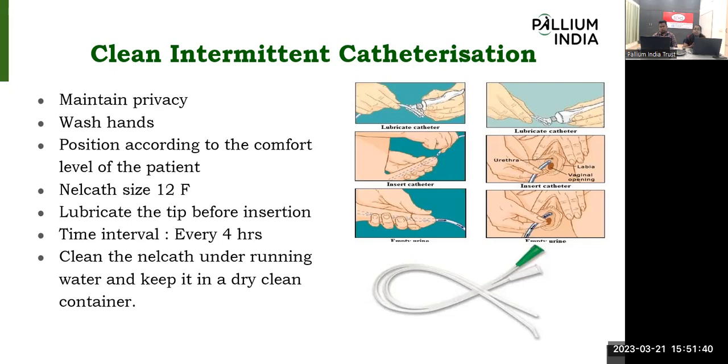You can train them to wash their hands with soap and water. After that, they can take a NELCAT and lubricate it well, and then insert the NELCAT through the urethra into the bladder, so that the urine will come out, and they can collect the urine with the help of a small basin.